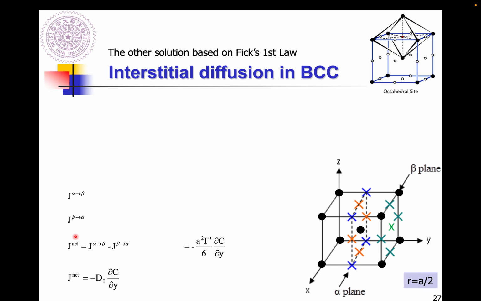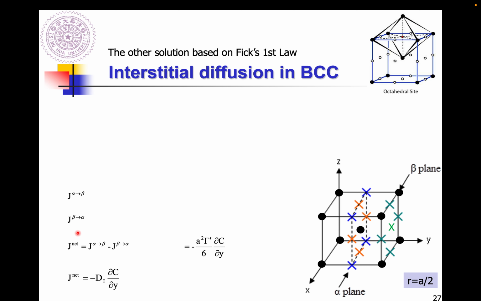Based on this thinking, I need to get the net flux for these solute atoms. How to get that? As you learned before, for net flux you need to define two planes in this single cubic, so we define the alpha plane and the beta plane.